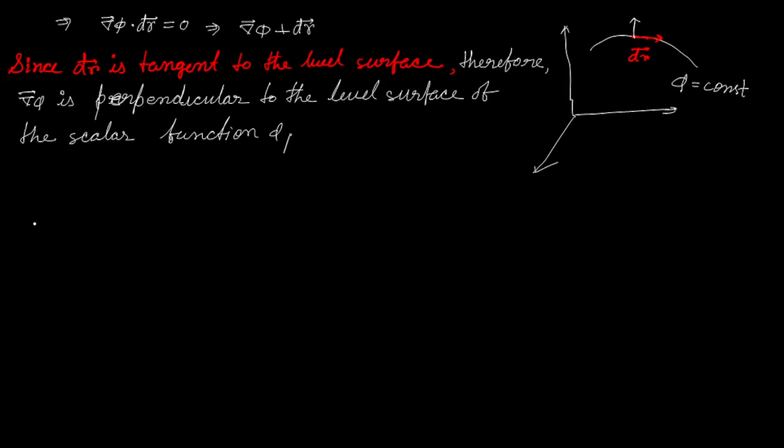And then second thing, grad phi also gives a direction along which the rate of change of phi is maximum, and the magnitude of grad phi gives the maximum rate of change.